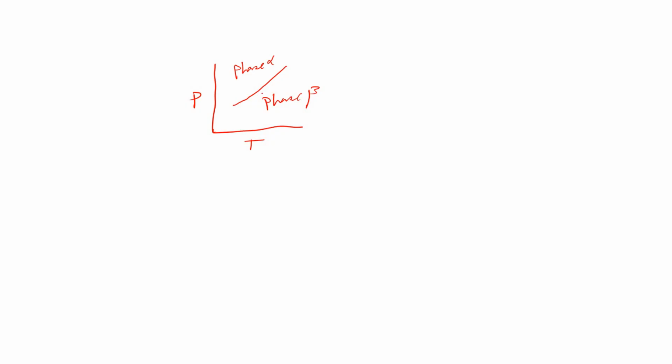Okay, and as it indicates equilibrium between the two phases, that means at every point on this line equilibrium exists. That means two phases coexist.